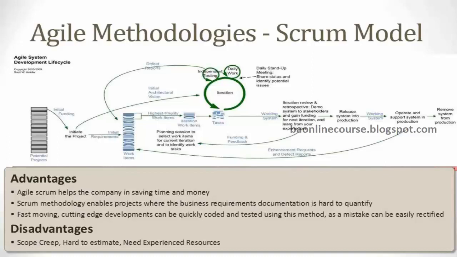Earlier, in a waterfall model, we would first prepare all our requirements, and only then would the design start. But in a Scrum model, everything happens simultaneously. Within an iteration, while you're working on one requirement, the architect is working on another design. So the rules and the approach are a little different, and that's where you gain an advantage in saving time and cost.